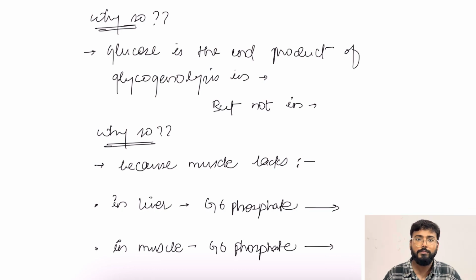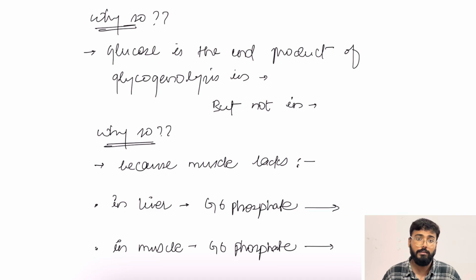So what happens when the glycogenolysis occurs in skeletal muscles? The last step, when the glucose primers that are attached to the glycogen are broken down, they form glucose 1 phosphate, then glucose 6 phosphate, and ultimately it is going to form glucose, which is the last step, and that is done by the enzyme glucose 6 phosphatase.